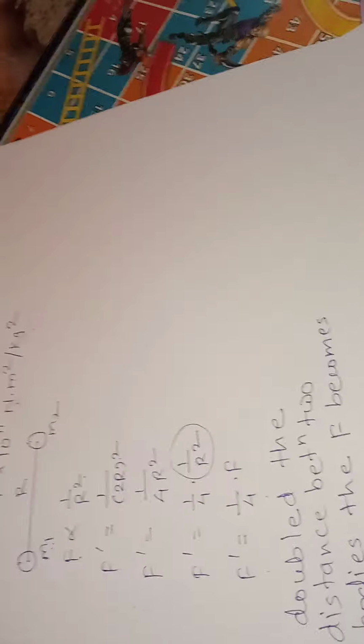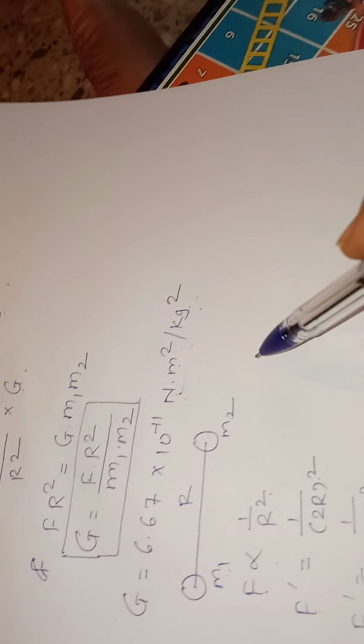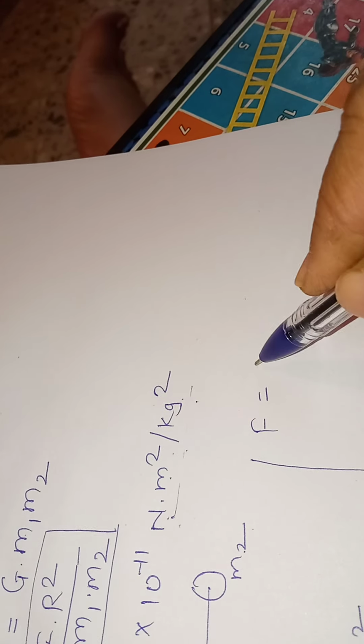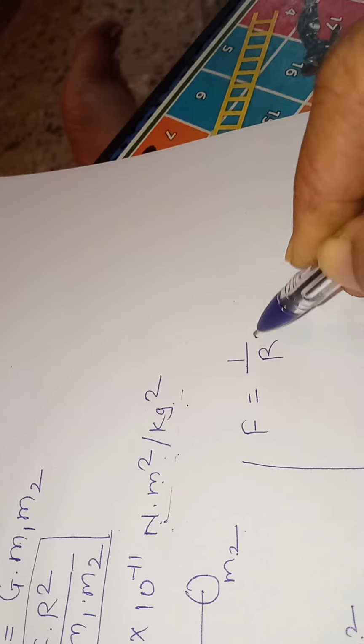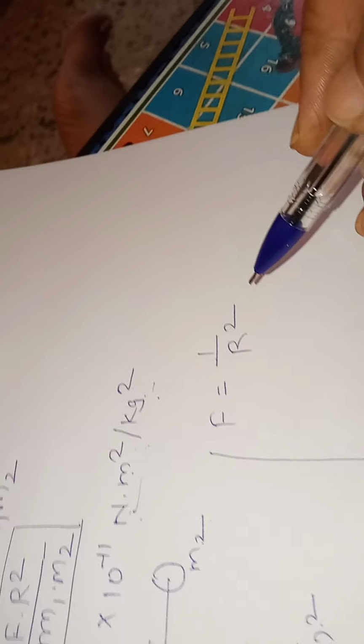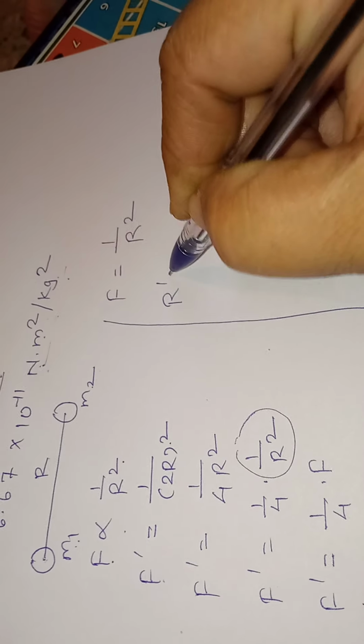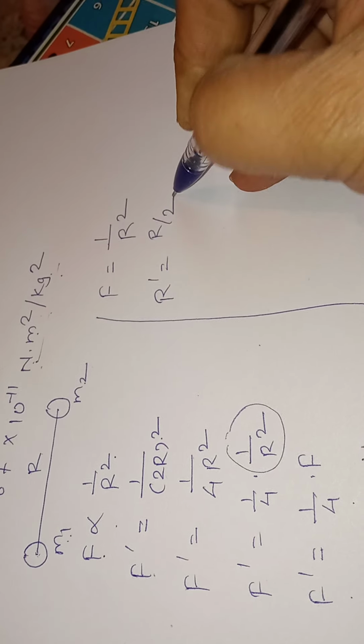Okay, and now we will see if we halve the distance between the two bodies. We know that F is equal to 1 upon r square. If we halve the distance between the two bodies, that is, now r dash is equal to r upon 2.